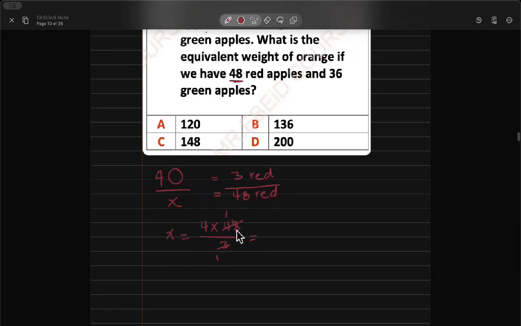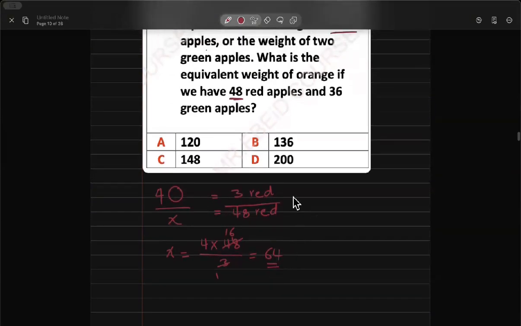Then 18 divided by 3 is 6. So we have 4 times 16, which equals 64 oranges. So the weight of 48 red apples is equivalent to 64 oranges.